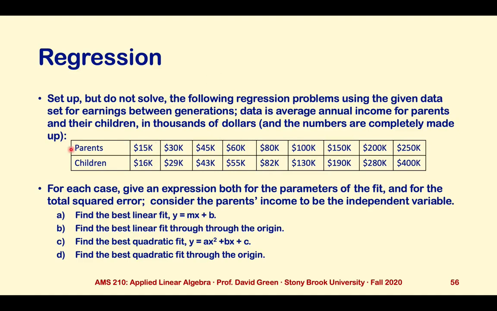So the average income of parents grouped according to various income levels, and then that's compared to the annual income that their children ended up earning. There is data out here that looks like this. These numbers are completely made up by myself. These are not actually data from a real source.